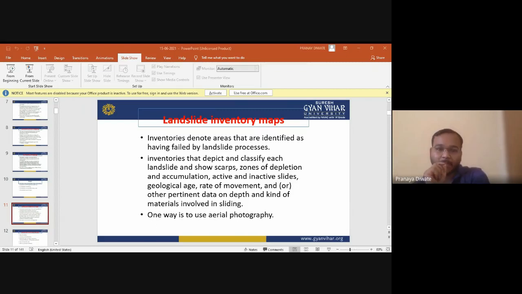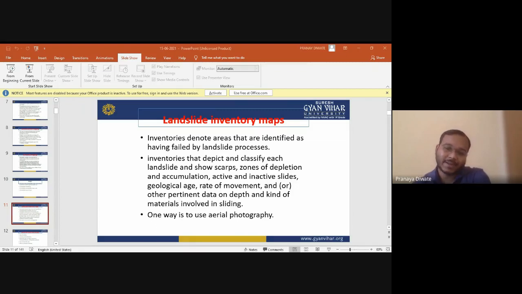Now, what is the most important thing here? You have different information. You have a landslide inventory, then you have geological formation information.